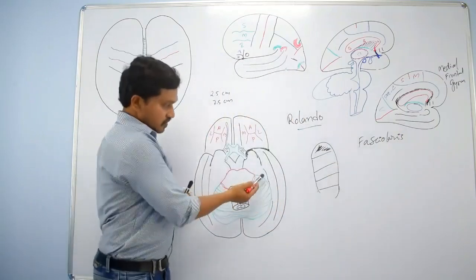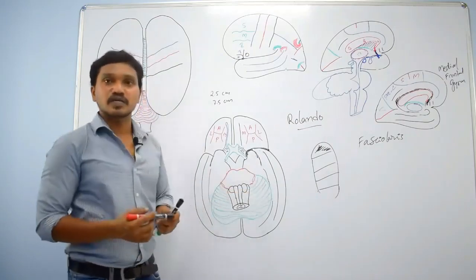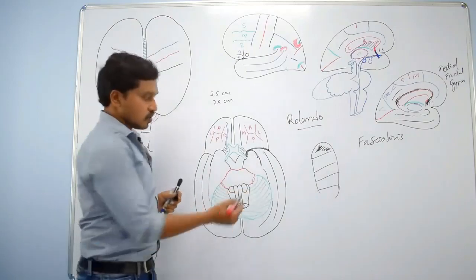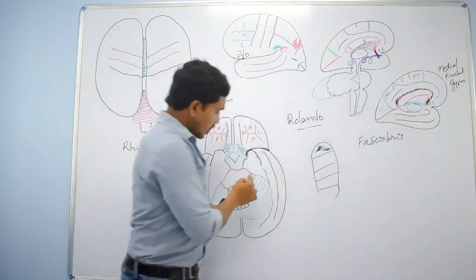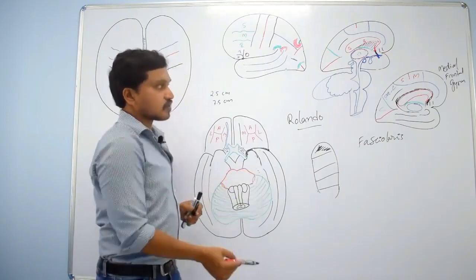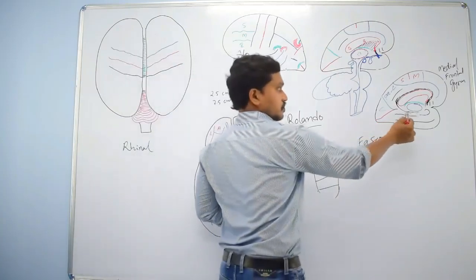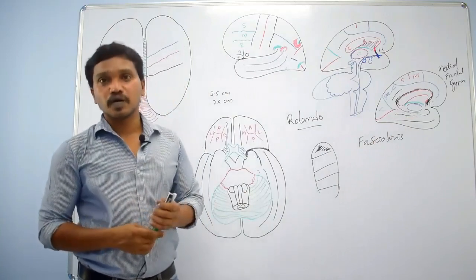Because of these sulci, the inferior surface divides. This medial part, medial to the rhinal sulcus and collateral sulcus, we call the para-hippocampal gyrus.